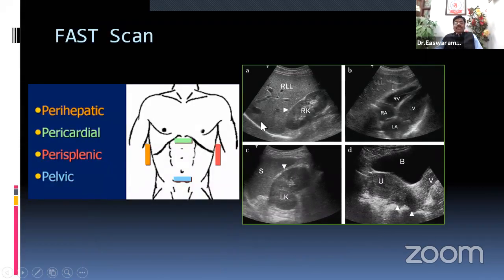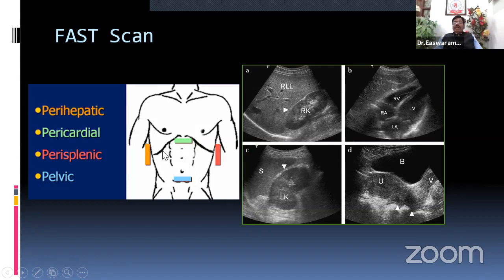For example, if a patient comes with an injury to the abdomen, you want to know whether the patient has free fluid in the peritoneal cavity, the thoracic cavity, or the pericardial cavity. You put 1, 2, 3, 4 probes on these places so that you'll be able to see exactly the pericardial, perihepatic, perisplenic, and pelvic areas.